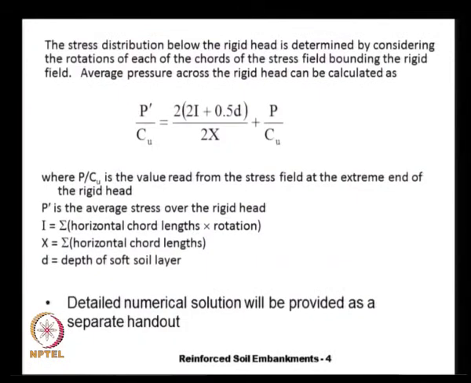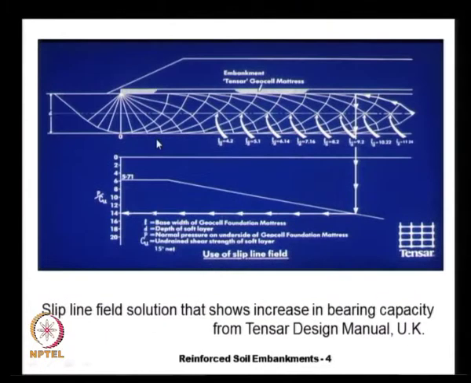This type of calculation needs to be performed for the given width of the embankment and the thickness of the soft clay layer, and then we have to estimate the increase in the bearing capacity factor.